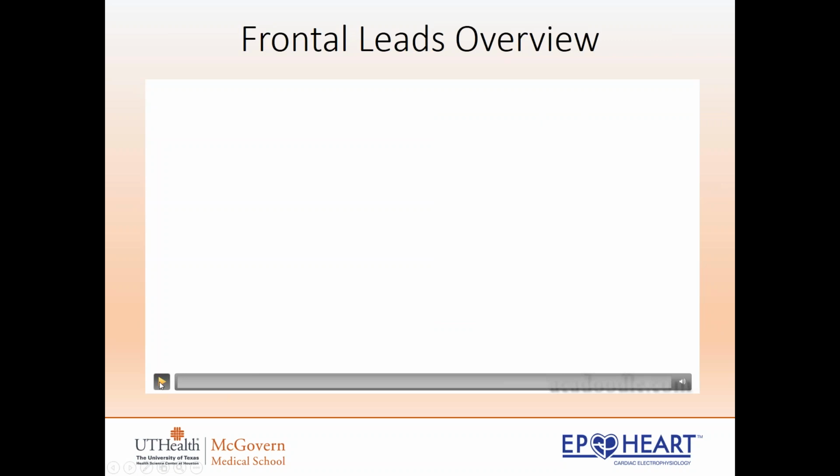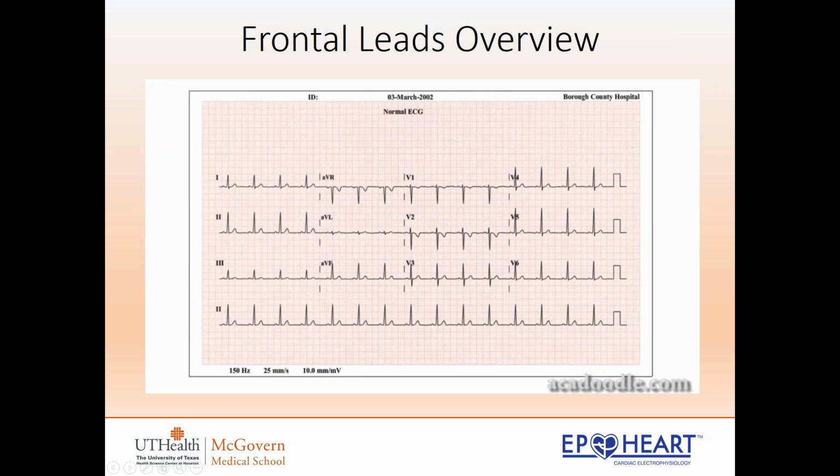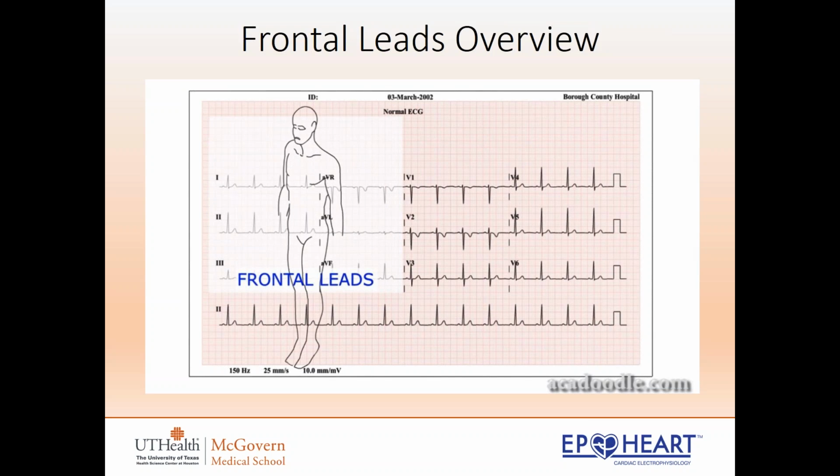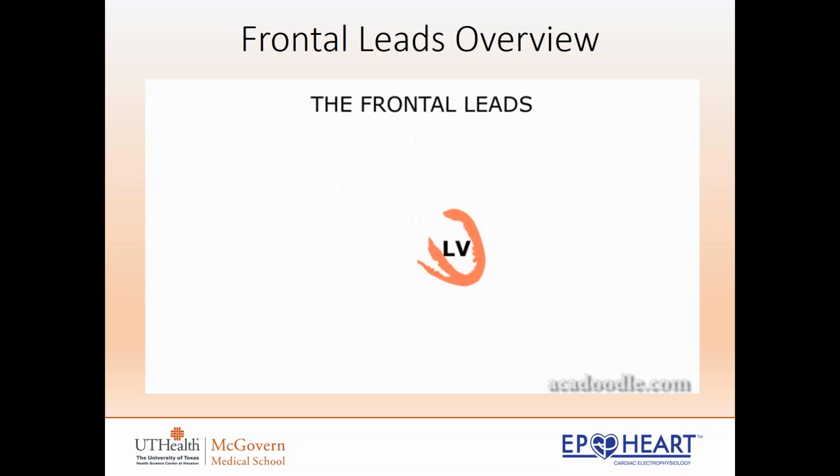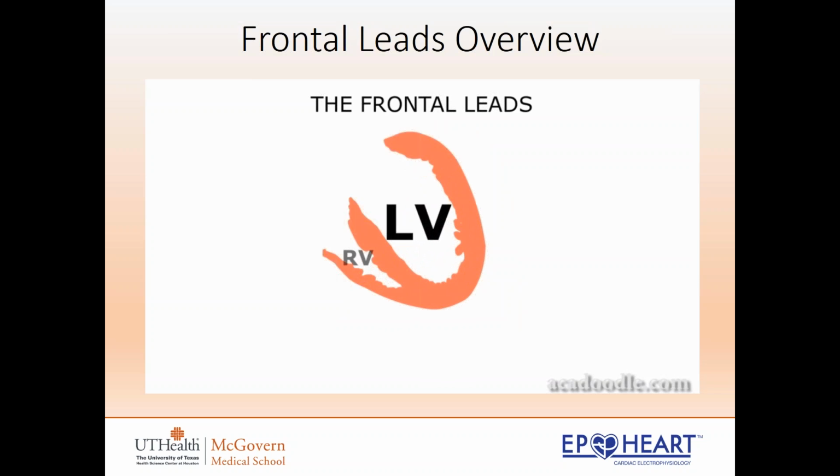So this is on the frontal leads. Remember, the frontal leads examine the flow of depolarization and repolarization through the heart in the vertical or frontal plane. And as we've just seen, in the frontal plane, we have 2 major depolarization vectors traveling through the main muscle mass of the left ventricle.